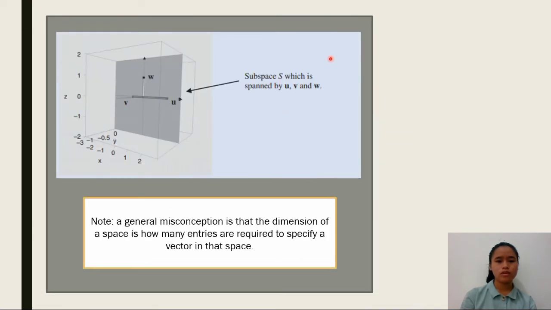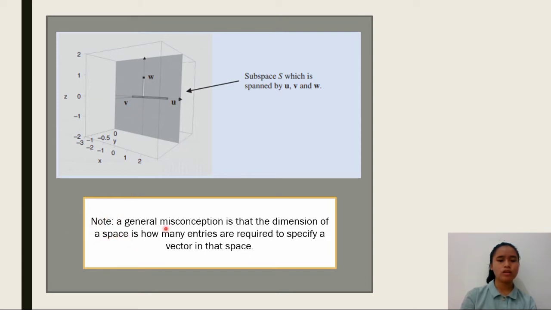So surface S, which is spanned by U, V, and Y. This is an application in 3D. So this is a note.